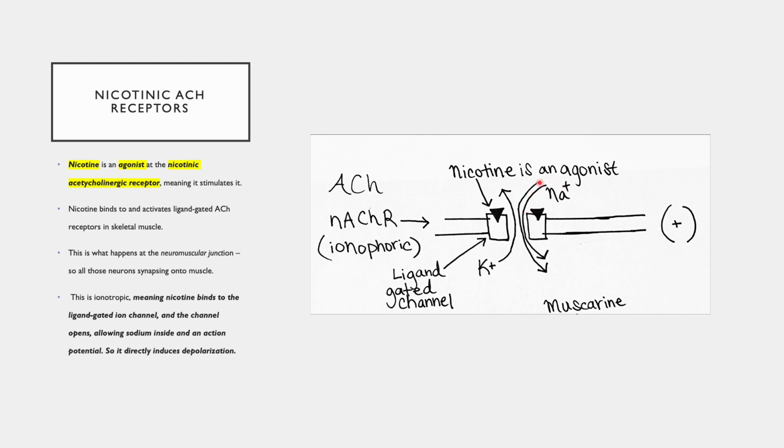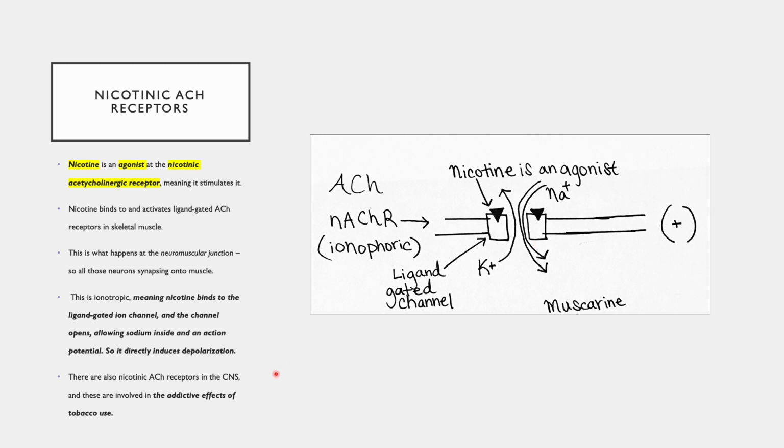This will allow extracellular sodium to come inside of the neuron, whereas there could be an efflux of potassium. And we know during this first step, when extracellular sodium comes inside of the cell cytosol, it's going to induce depolarization, which, of course, can stimulate an action potential.